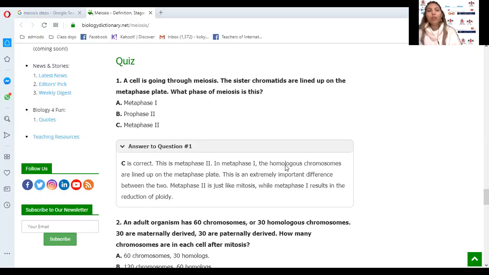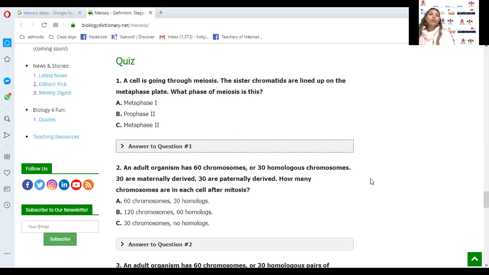Okay, let's take number 2. Number 2, an adult organism has 60 chromosomes or 30 homologous pairs, because as you know, chromosomes are arranged in pairs, homologous chromosomes, as we talked before. 30 are maternally derived, 30 are paternally derived. 30 from mother and 30 from father.